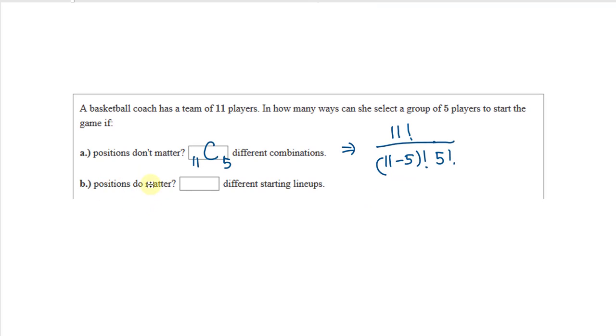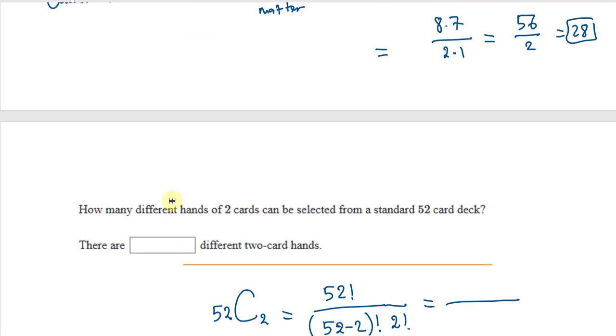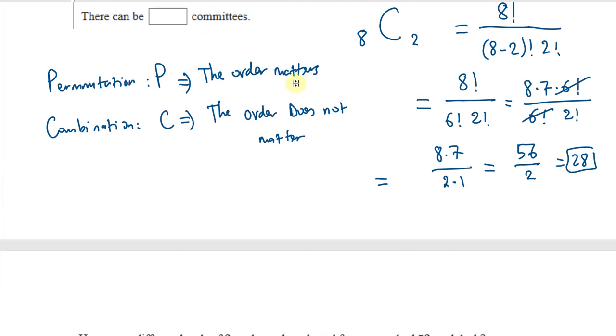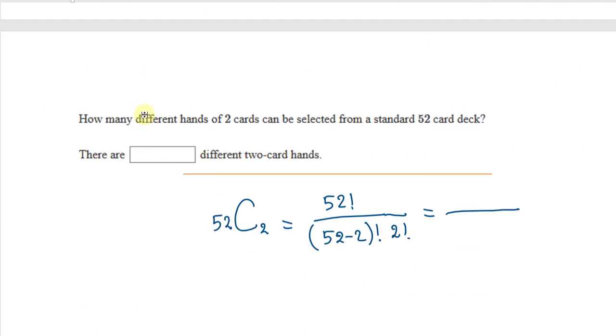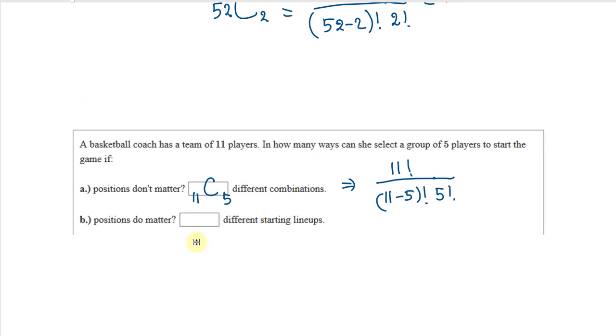Now in this second case, the position, or the order, does matter, so you should use the permutation, P. We again have 11 available players, and we pick 5 of them. The formula for the permutation is 11 factorial over 11 minus 5 factorial, and that's all.